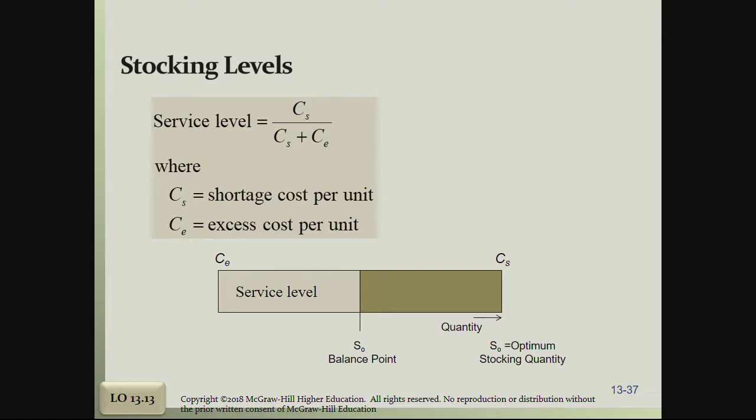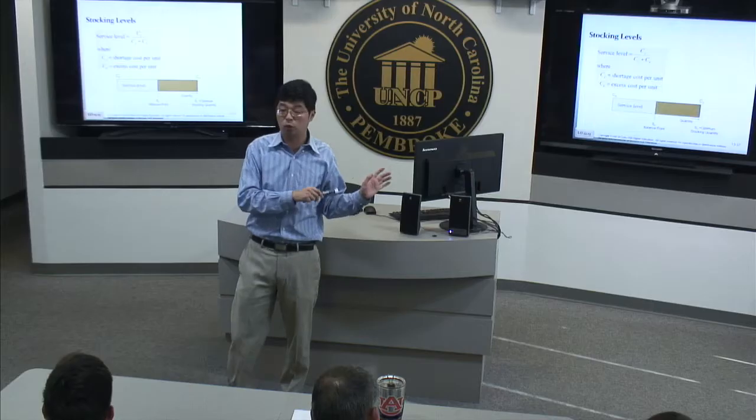So it's very easy to calculate. It's CS, shortage cost, divided by CS plus CE, which is the denominator. Sorry, CS is the numerator. So CS is the shortage cost and CE is the excess cost. So again, in this management class, we don't require you guys to know how to derive this optimal. Same idea as we have done for the EOQ or EPQ model.